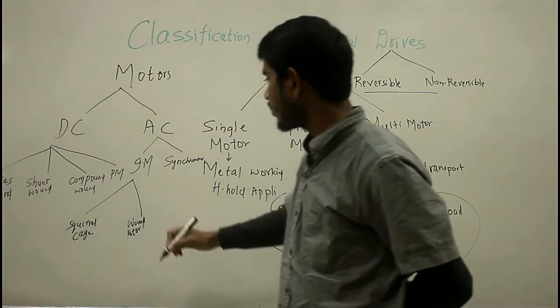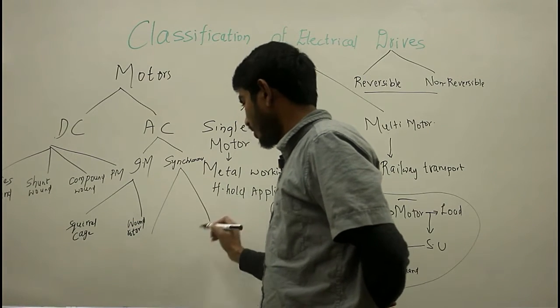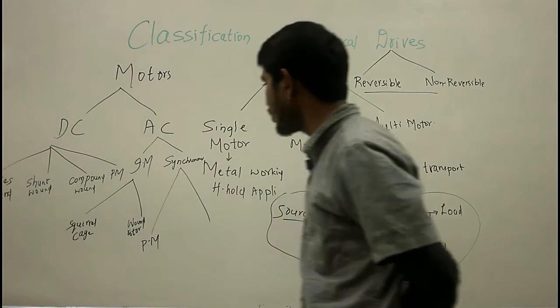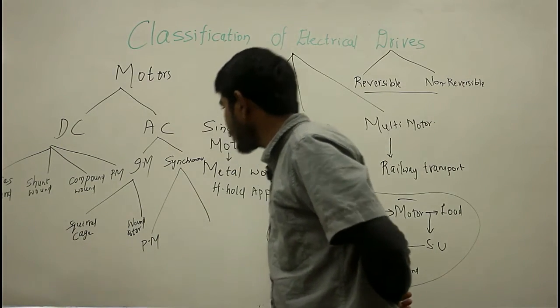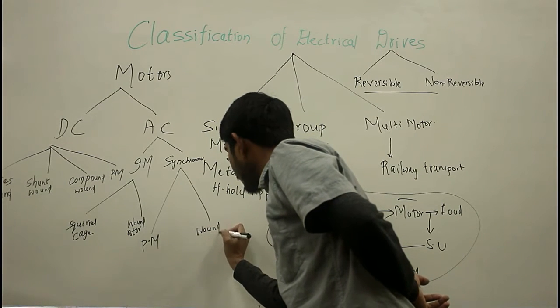Now again, our synchronous motor also can be classified into two types. So one is permanent magnet synchronous motor, and the other one is wound field synchronous motor.